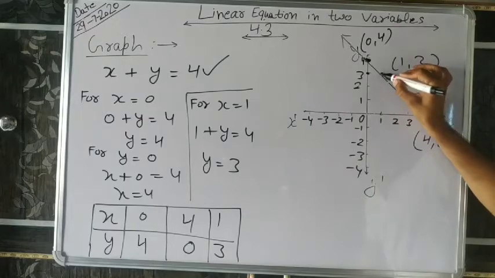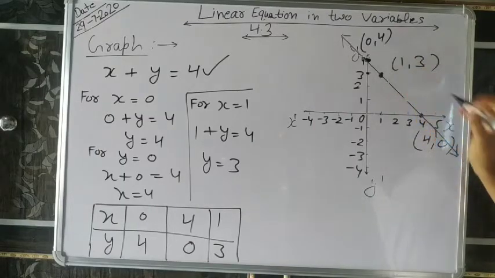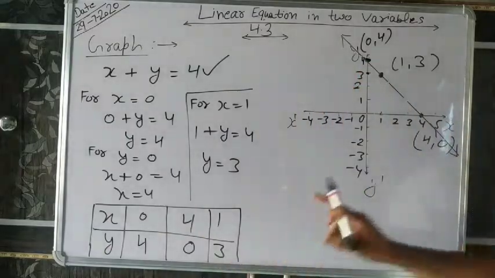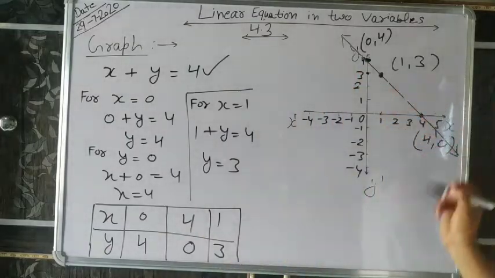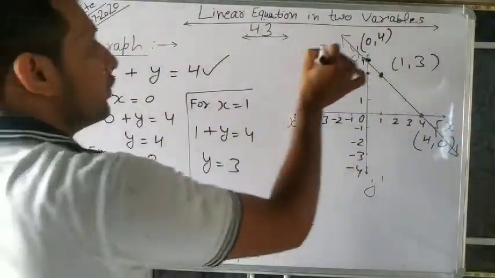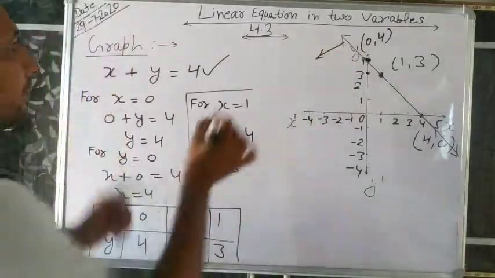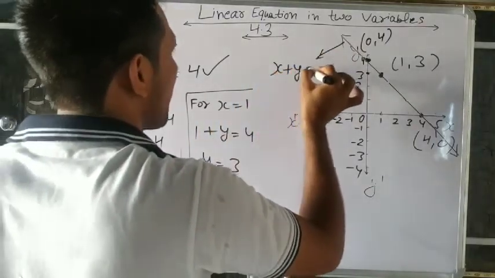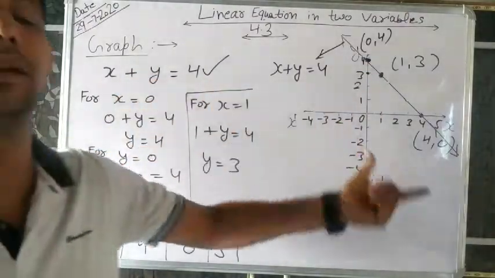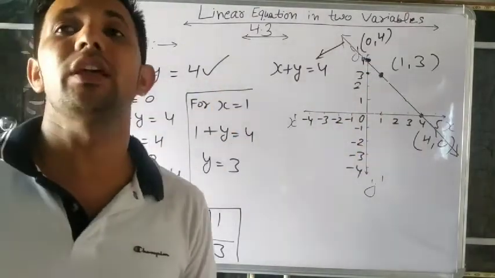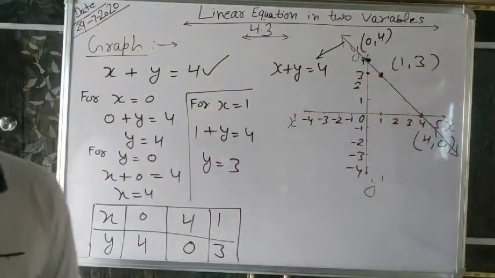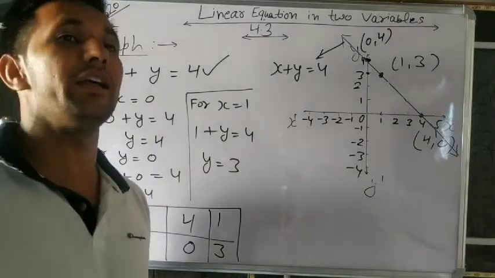All these points lie on the line: the first solution is on the line, the second solution is on the line, and the third point is also on the line. So it means it is the graph of which equation? You can write: x plus y equal to 4. It is the graph of this linear equation. And one thing to always remember: from this graph we can identify some terms.